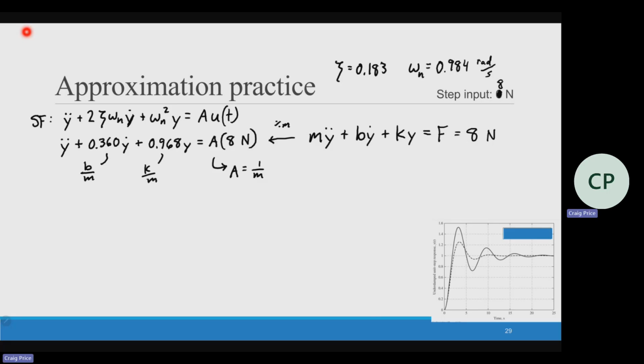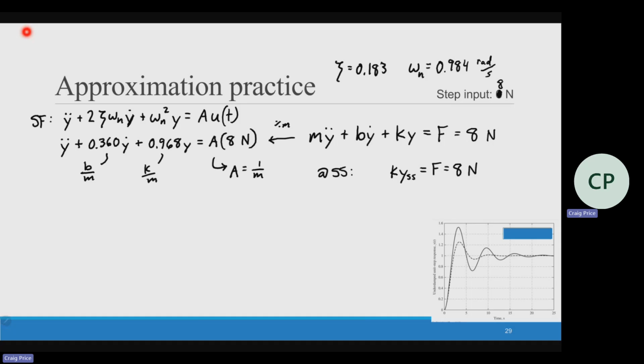As everything levels out, we reach a steady state. What happens to acceleration? Goes to 0. Velocity goes to 0. What I'm left with is just k times y steady state is equal to the force. We could also look at this as DC gain, right?